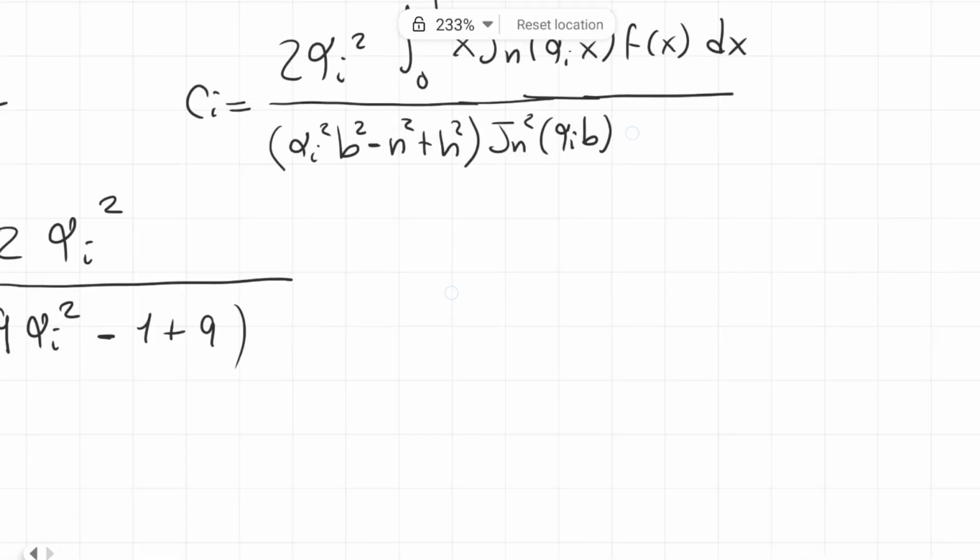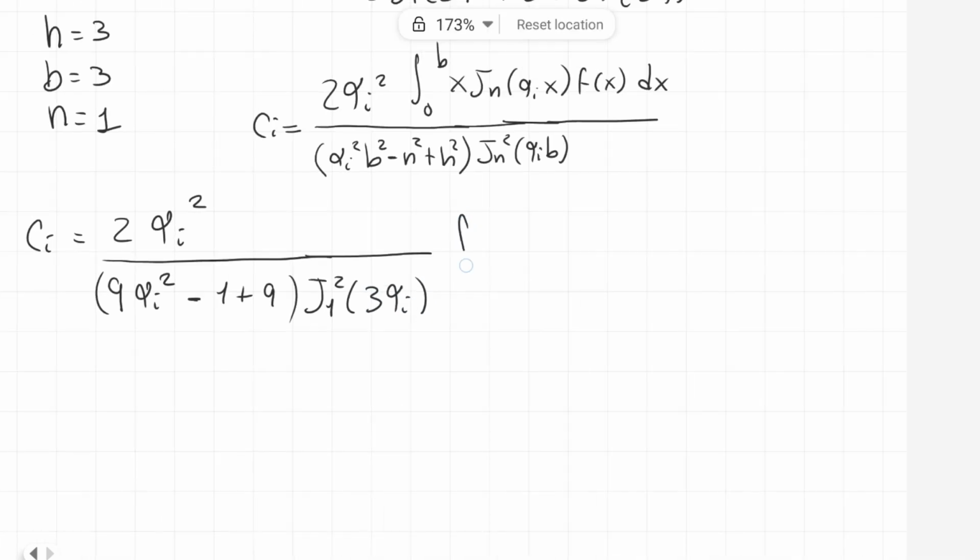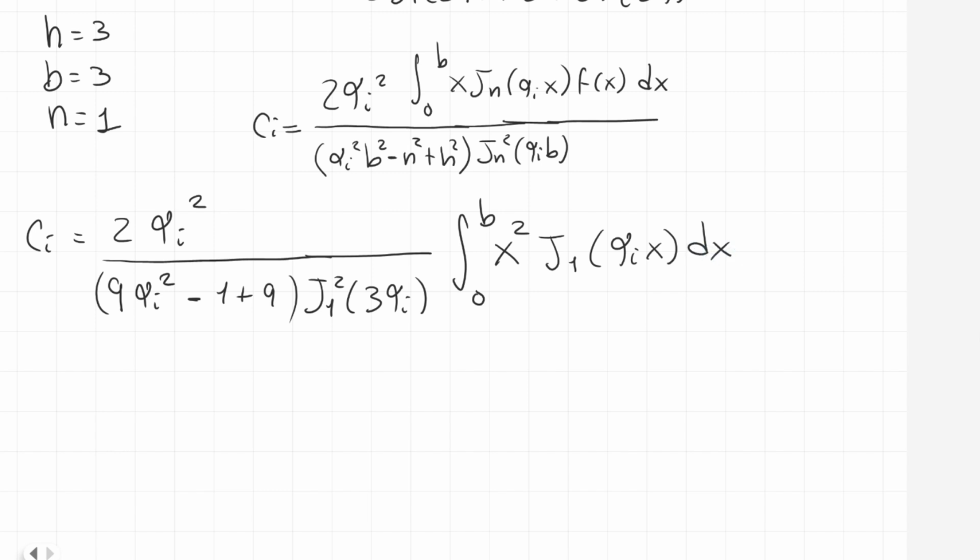And then remember that our n is equal to 1, so we will have here the first order Bessel function, j1 squared of alpha i b, but that will be 3 alpha i. And then the integral from 0 to b of x times f of x, but that is x squared, and then j1 of alpha i x dx.